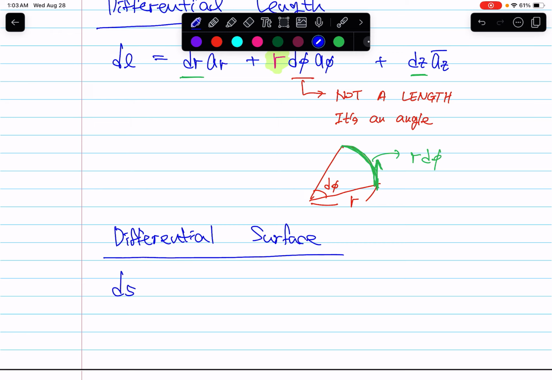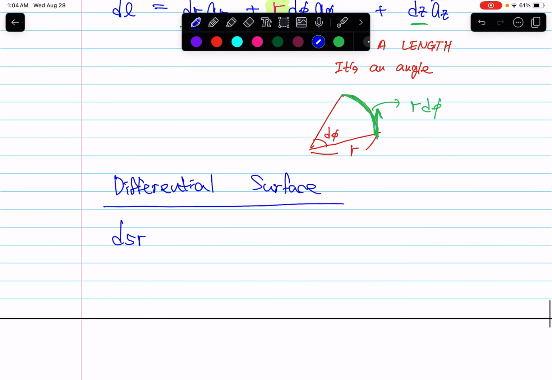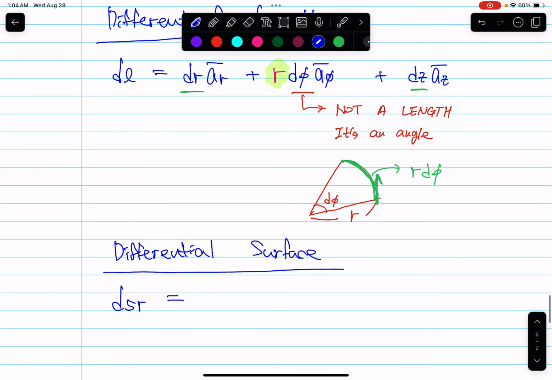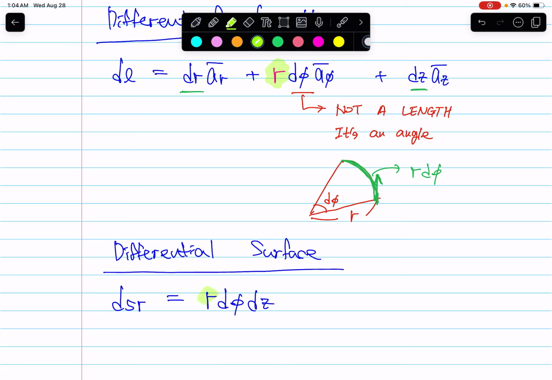There will be a dsr component, which will be a multiplication of r d pi and dz. Okay, again, remember this r is multiplied by d pi to represent the length.